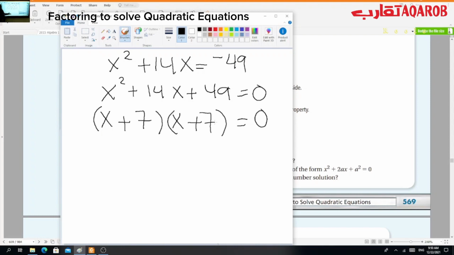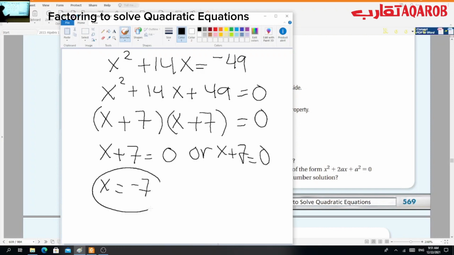But did I solve the equation? No. How to solve the equation? According to the zero property, I will say it. I have 2 options: x plus 7 equals 0, or x plus 7 equals 0. Okay? So x equals negative 7, and x equals negative 7.